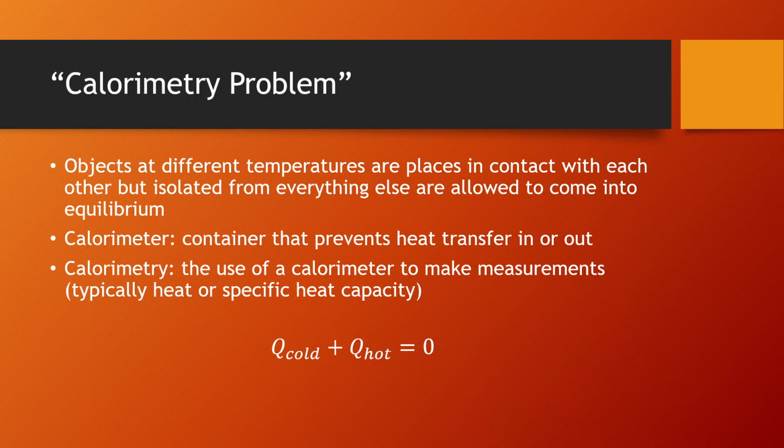In this case, we have something called calorimetry, which is the use of a calorimeter to make measurements like the heat or the specific heat capacity. And a calorimeter is a container that prevents any heat transfer in or out. So commonly in lab, we will see maybe a styrofoam cup as being the container to prevent heat transfer in or out.